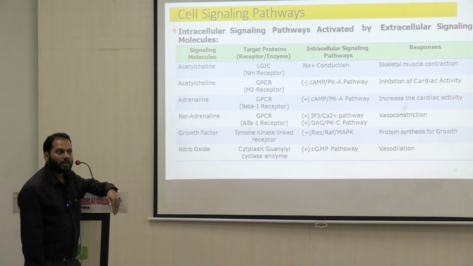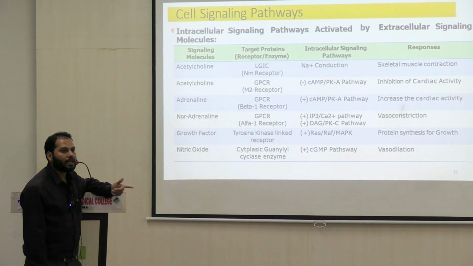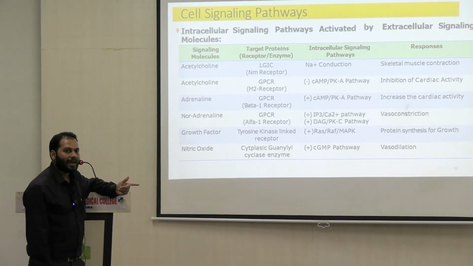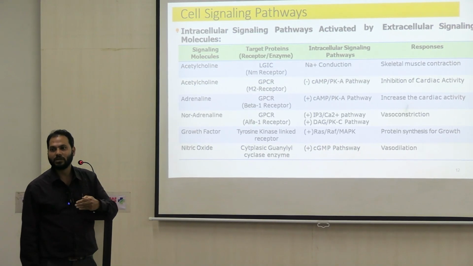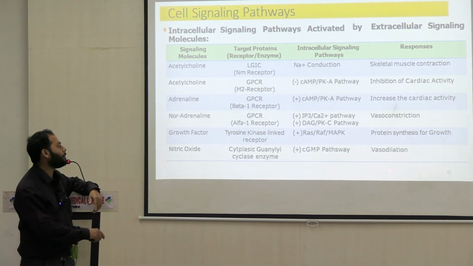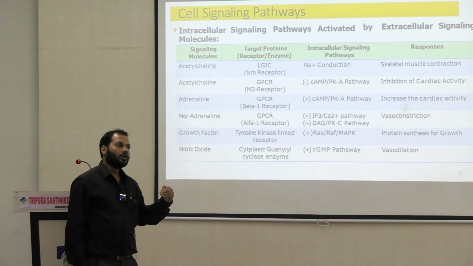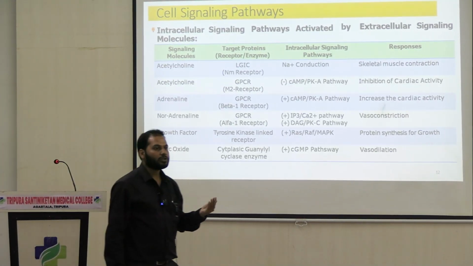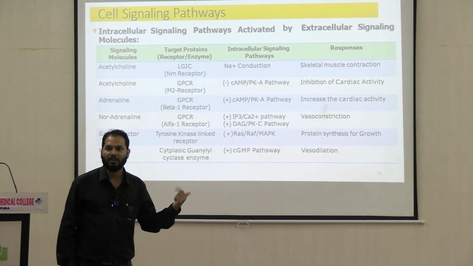So it means the type of signaling molecule acts in a different signaling pathway. Clear? And accordingly, as they act through different signaling cascades, the nature of the response will also be different. So these are the different types of response. This is just an overview of how, with the change of signaling molecules or signaling pathway, the response can also vary.